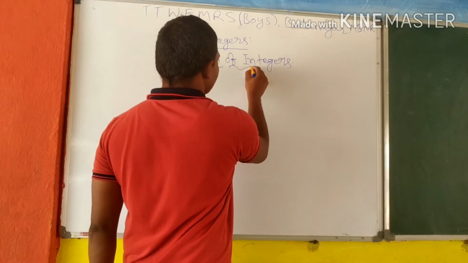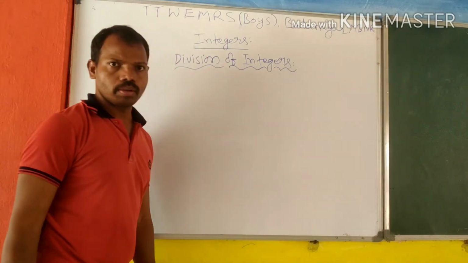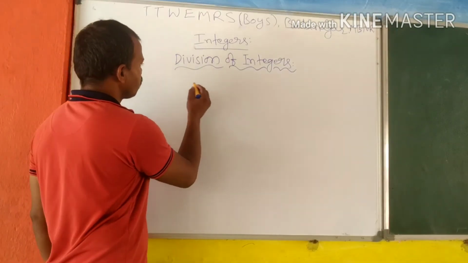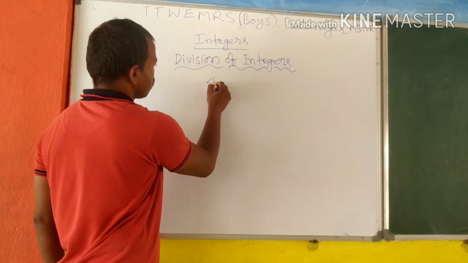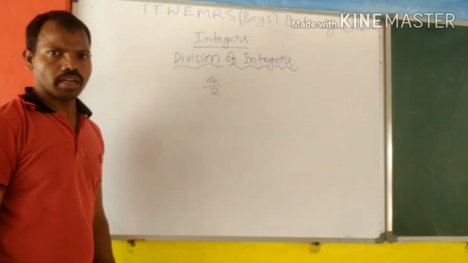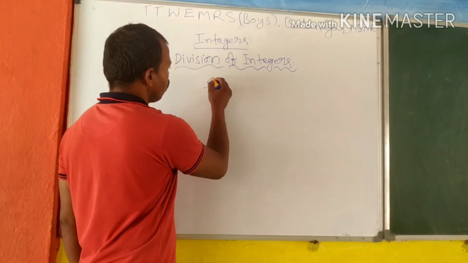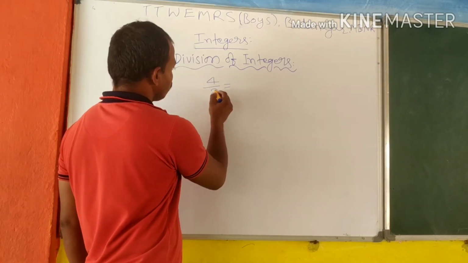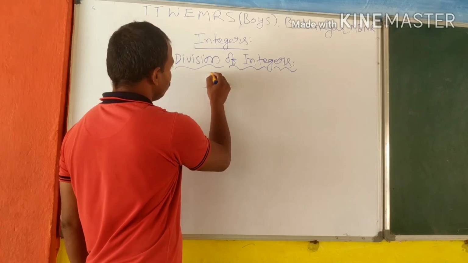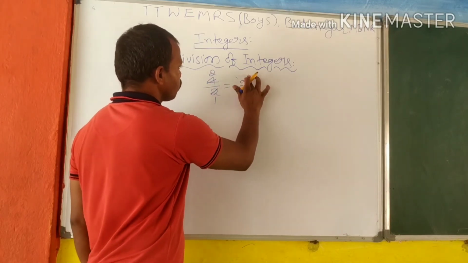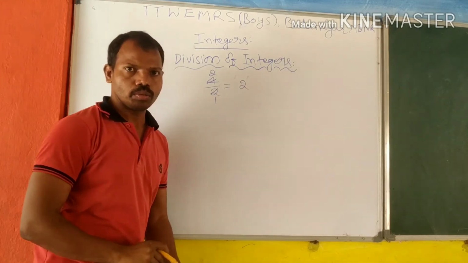In this division of integers, one simple example we will take is 4 by 2. 4 is divided by 2. So how many times will 2 go into 4? 2 one time, 2 two times. The result is 2.